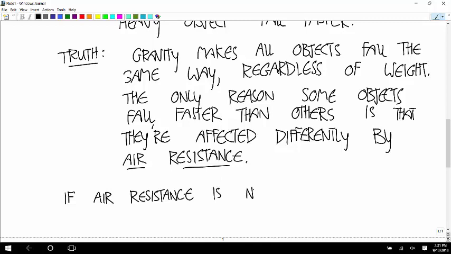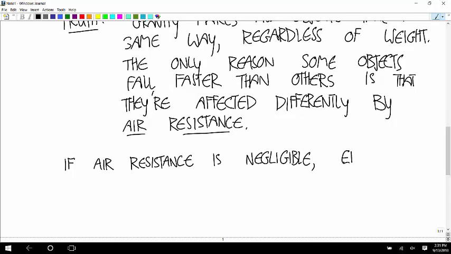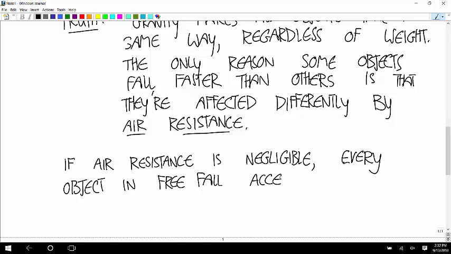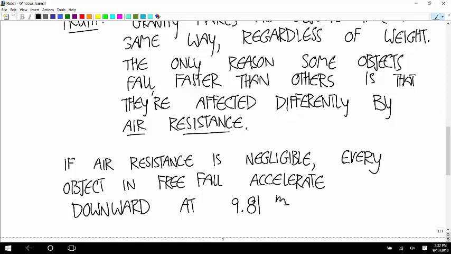But if air resistance is negligible, every object in free fall, and that includes things that are shot, projectile motion too, accelerates downward at about 9.81 meters per second squared.